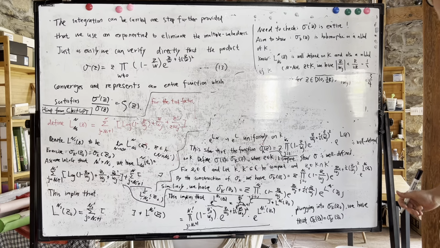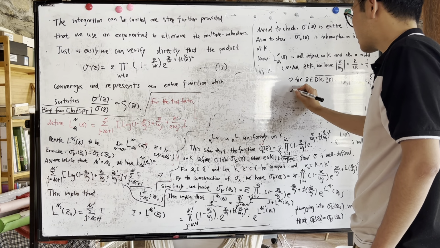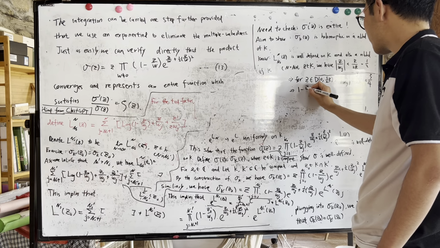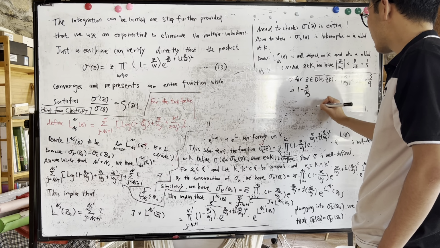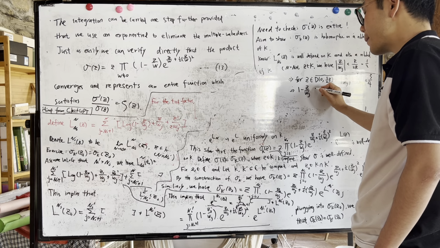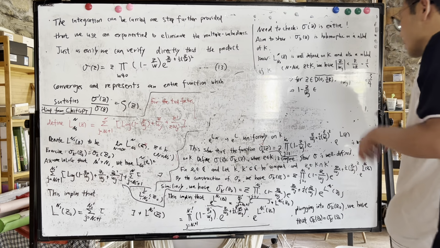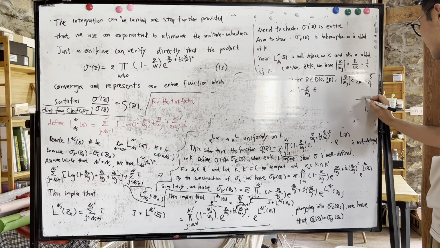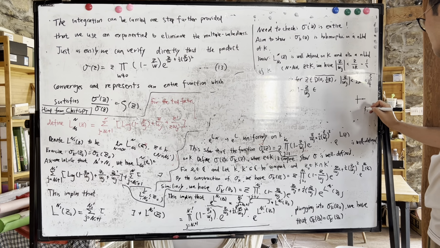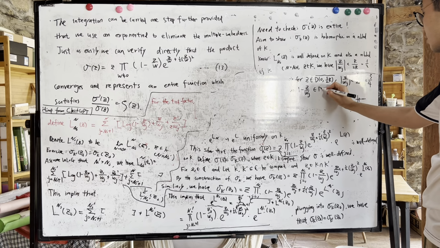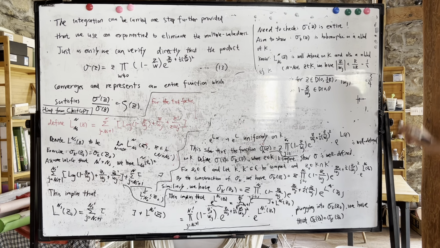This implies that z over omega j still lies in the disk centered at 1 of radius 3 over 4, so it still lies in the disk centered at 0 of radius 1.